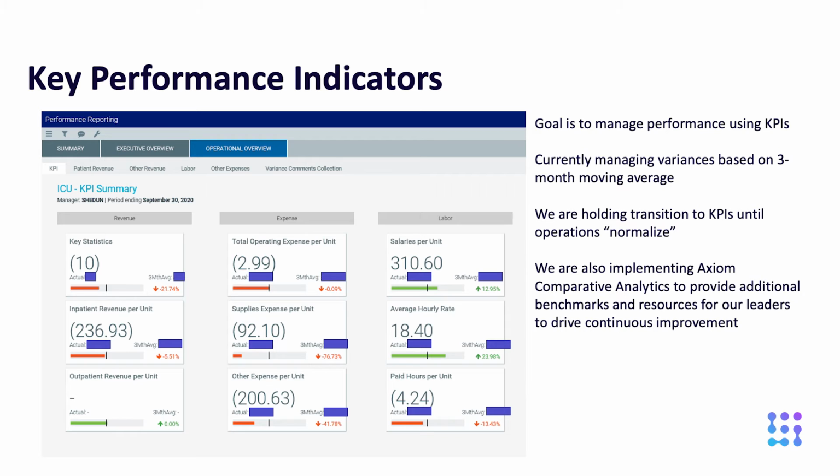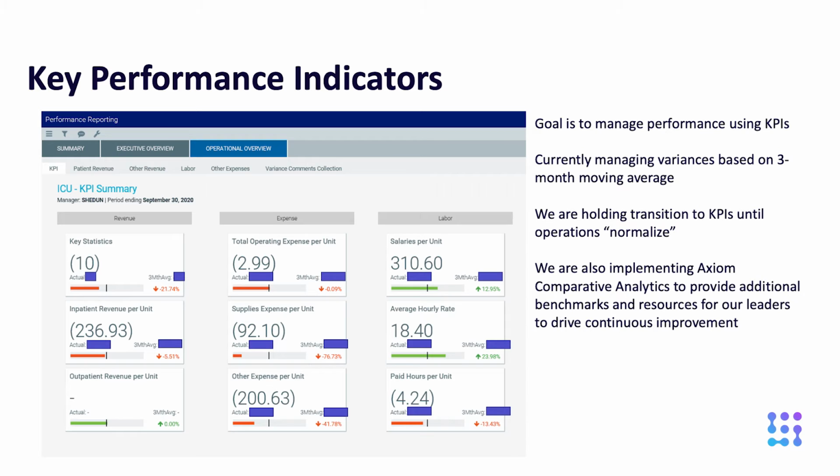And what we hope to do is move to managing our financials off of KPIs as opposed to variance amounts. So that is the goal. For now, though, we are still managing department variances using a variance to the 3-month moving average as opposed to KPIs. We're holding until we get to a new normal and things stabilize.